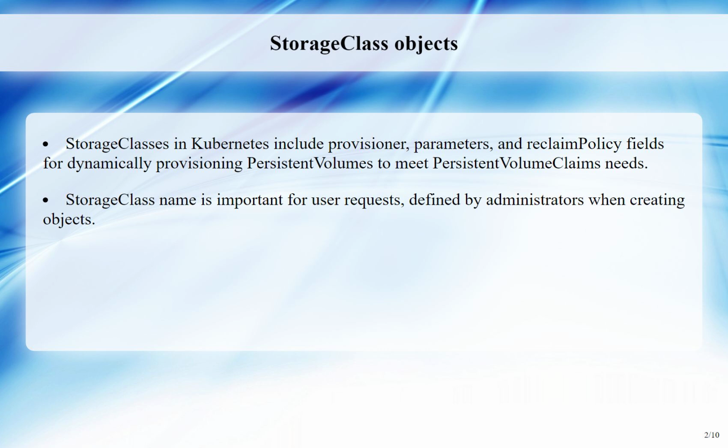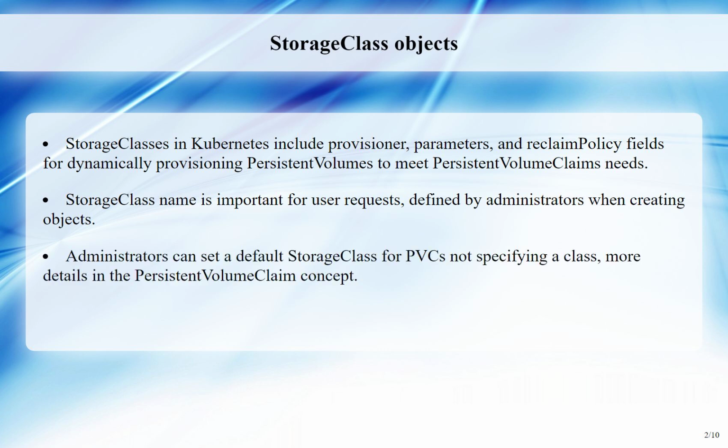Administrators define the name and other parameters of a class when creating storage class objects. Administrators can also set a default storage class that applies to PVCs not specifying a class. For further information, refer to the persistent volume claim concept. An example of a storage class is shown in storage-class-low-latency.yaml.